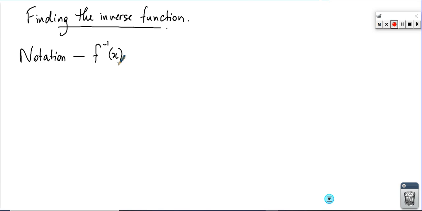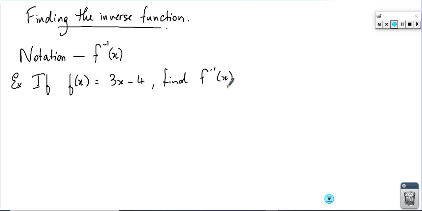Now, what are we going to do? Suppose my function is 3x minus 4, find the inverse function.